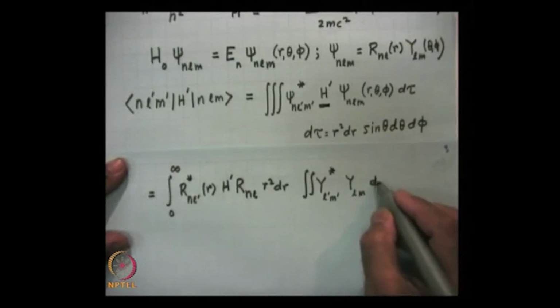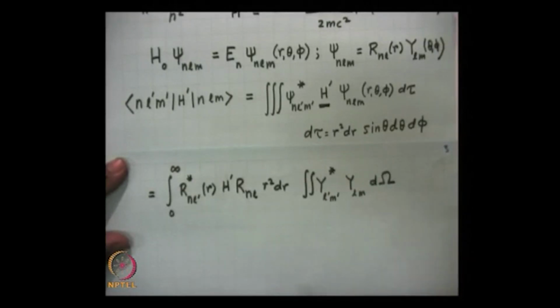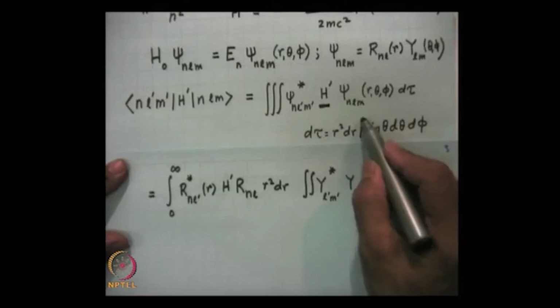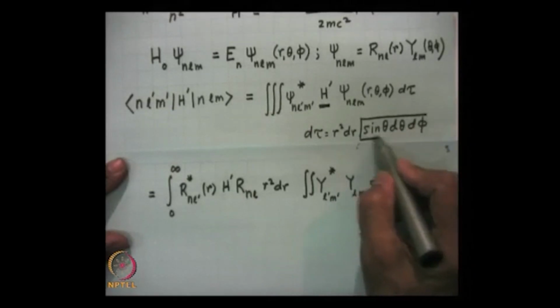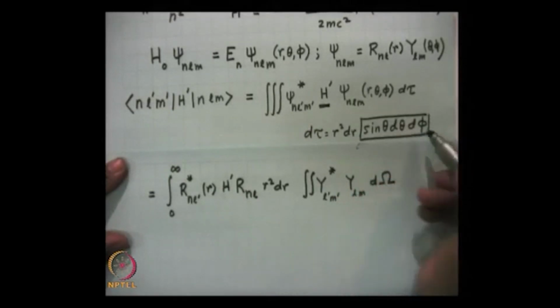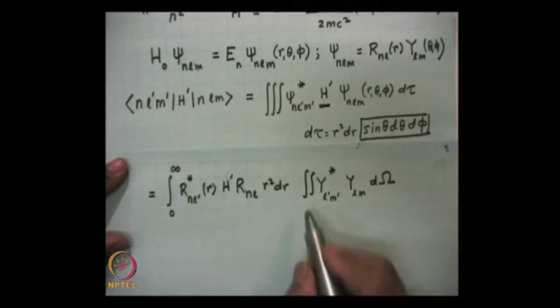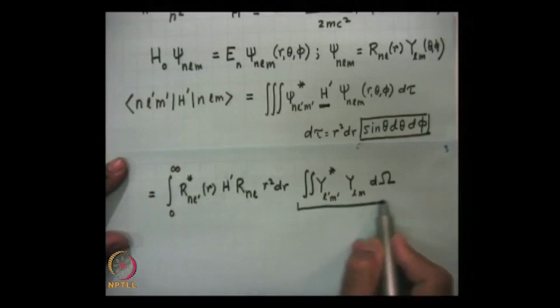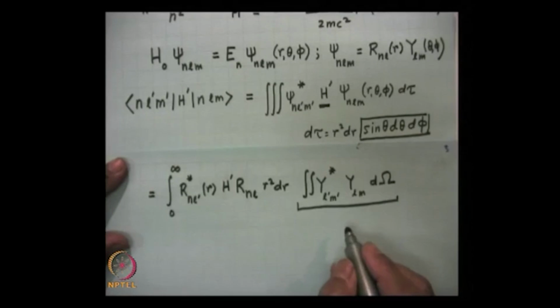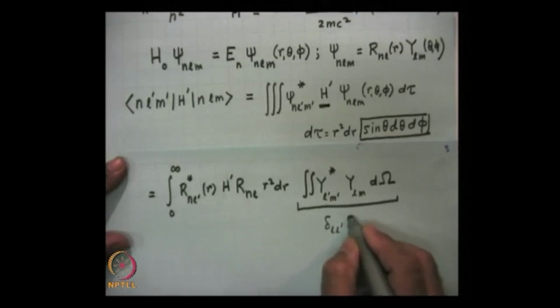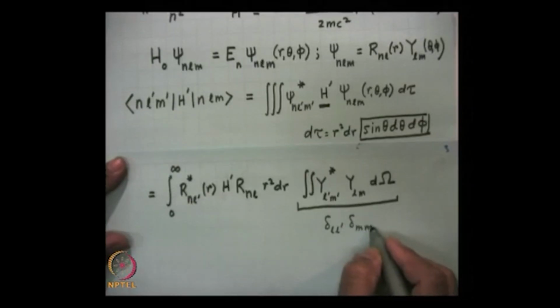There is a simpler way to write this. This is d omega, where d omega is sin theta d theta d phi. Now, they form orthonormal functions, so this is equal to delta L L prime delta M M prime.